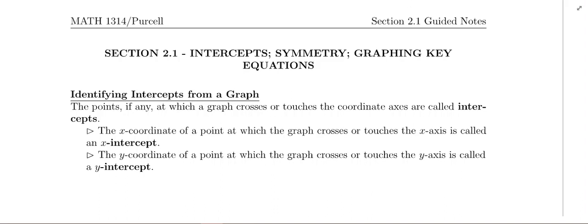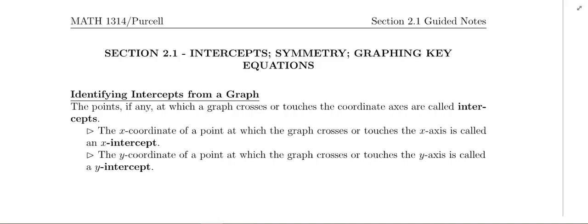The x-coordinate of a point at which the graph crosses or touches the x-axis is called an x-intercept. The y-coordinate of a point at which the graph crosses or touches the y-axis is called a y-intercept.